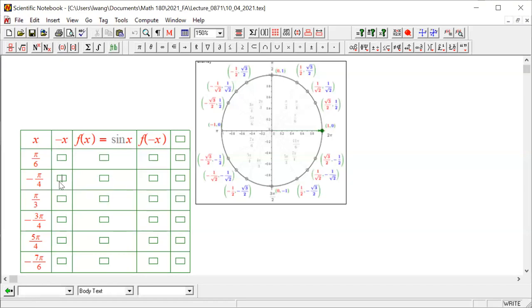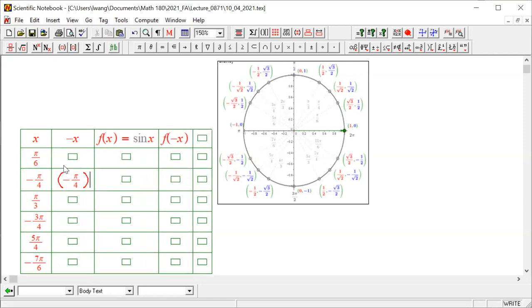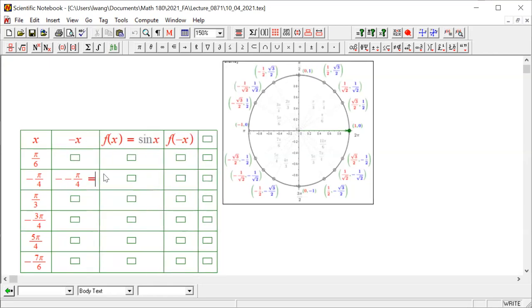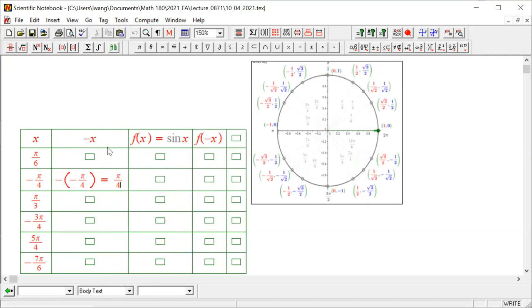So the opposite of negative pi over 4 is pi over 4. We just put a negative sign in front of it, so the negative of negative pi over 4 is positive pi over 4. This is a reflection, even though you can see you get these angles no problem, it reflects whether you measure the angle counterclockwise or clockwise, right?